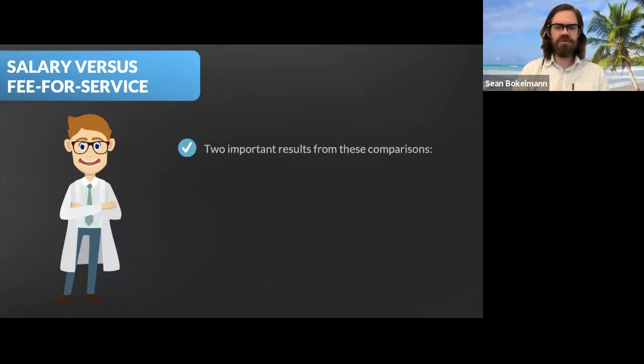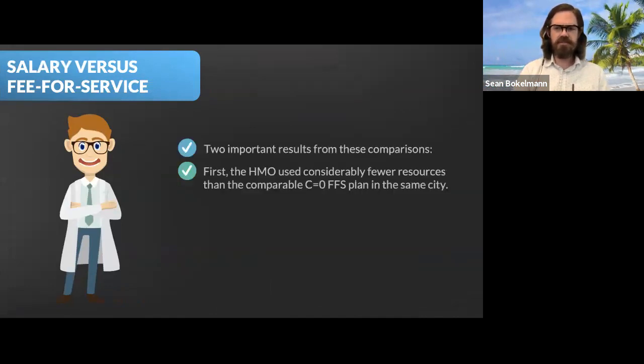And there's two important results from these comparisons. The first is that the HMO, the controlled one, used considerably fewer resources compared to the full coverage fee-for-service plan. And keep in mind, these are all comparisons within Seattle, right?